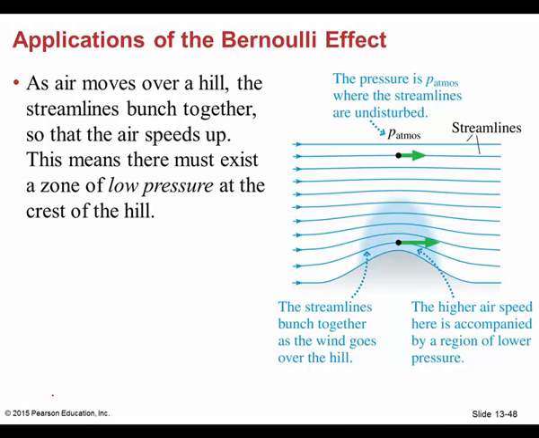The same thing happens when you have air passing over a curved surface. Hills and mountains cause the streamlines to buckle and warp and get close together, so we get a higher airspeed, and higher airspeed causes low pressure. And so guess what? Air rises. This up here is high pressure, and so you can get air to rise.